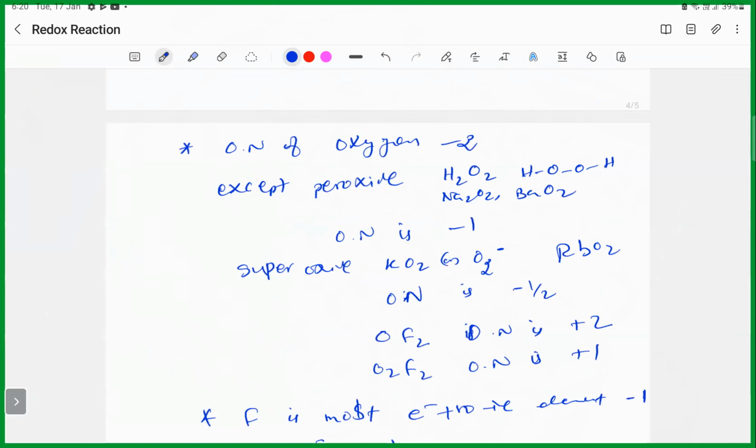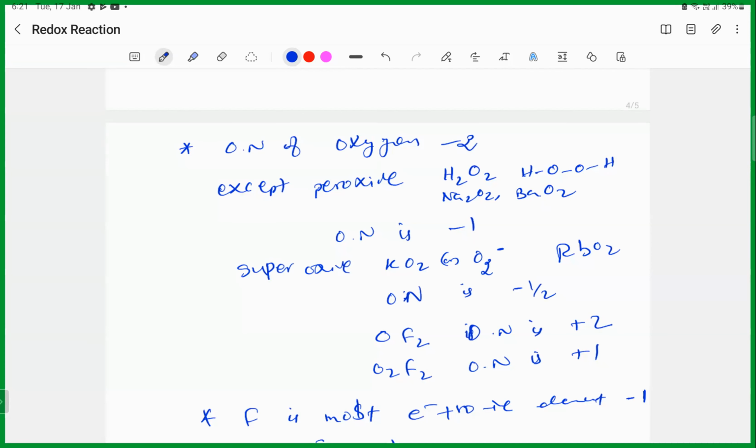So the oxidation number of an ion is the same as its charge. Li plus ion means +1 is the oxidation number. Al3 plus ion means +3 is the oxidation number. SO4 2 minus means the oxidation number becomes -2. PO4 3 minus means the oxidation number becomes -3.